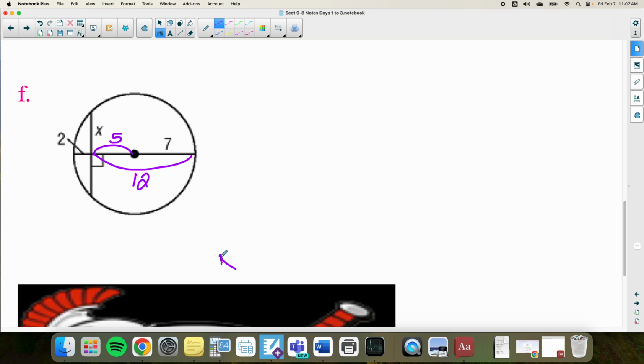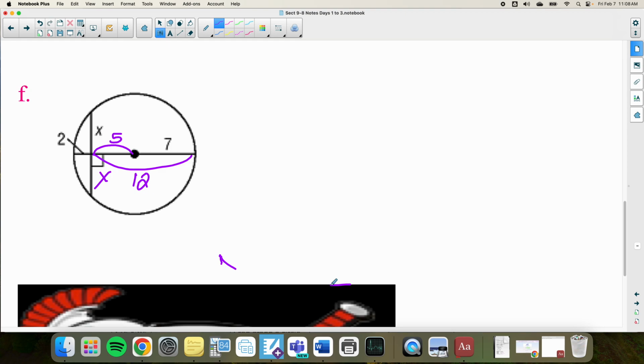They are equal. So this would be x, okay? So if you have a diameter or a radius perpendicular to a chord, that cuts the chord in half, and then if you remember, it also cut the arc in half over there.